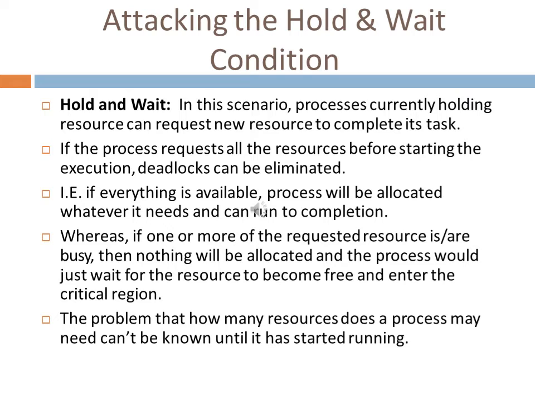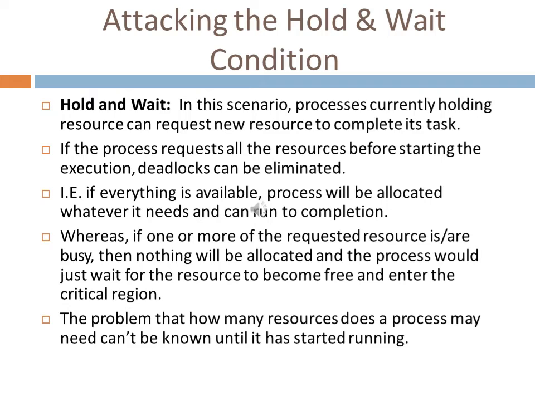Hold and wait. In this scenario, a process currently holding a resource can request a new resource to complete a task. If the process requests all the resources before starting execution, deadlocks can be eliminated.